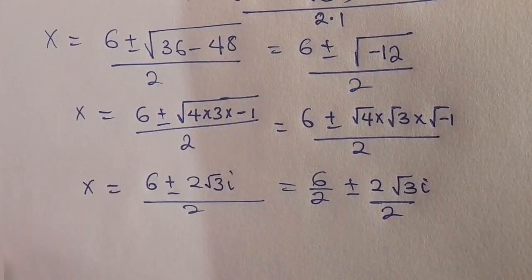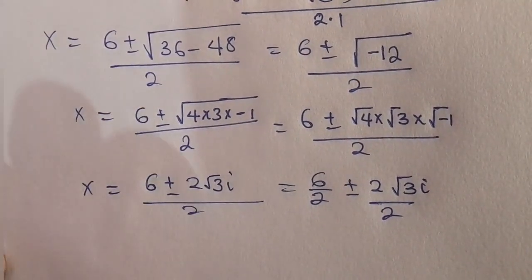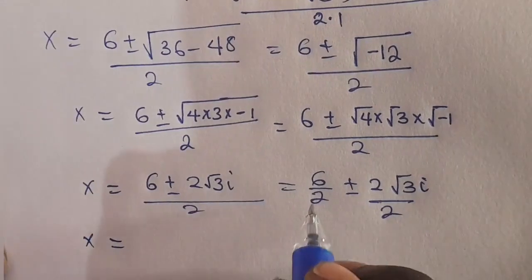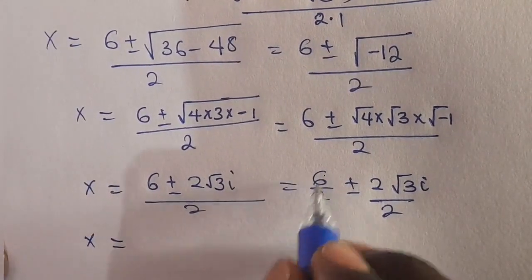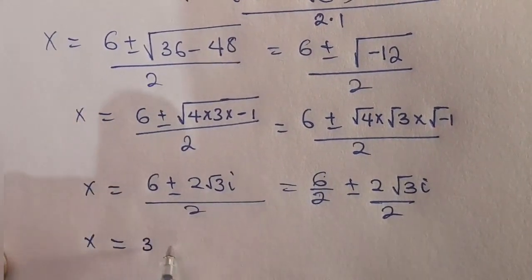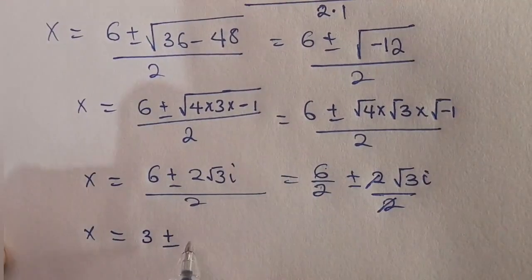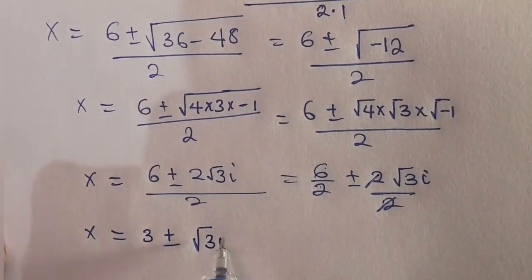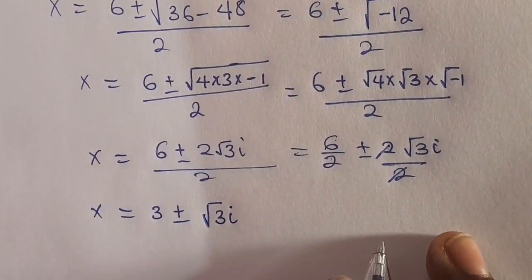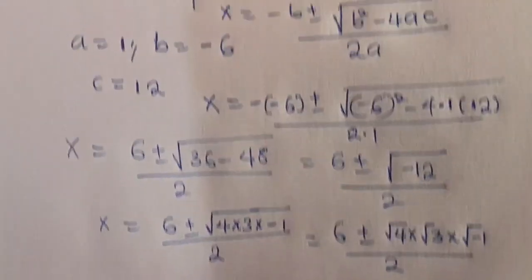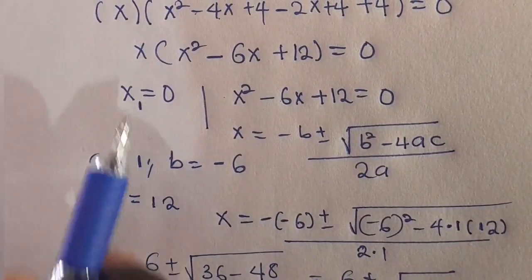So from here, we have x equals 3, since 2 into 6 is 3, then positive or negative. This will cancel this, then we have root 3 i. So we can declare finally from here, we have x1 equal to 0.